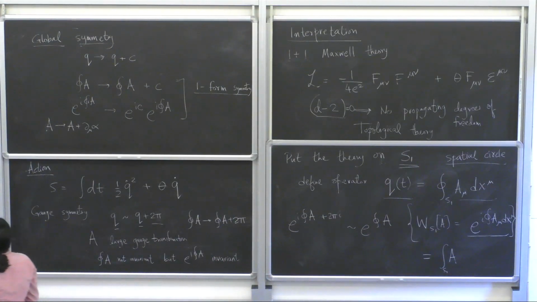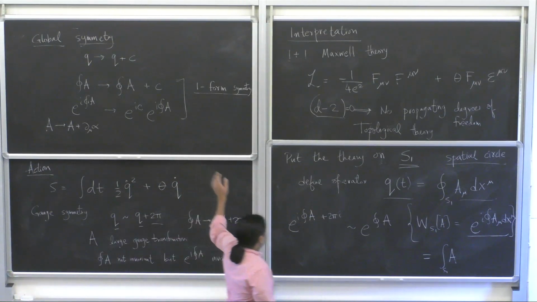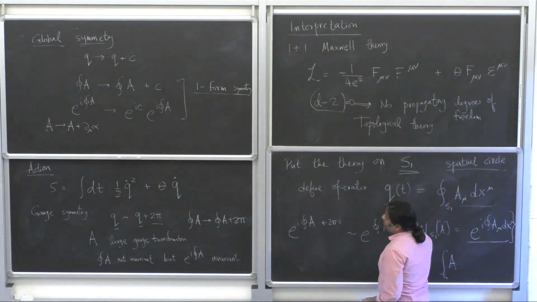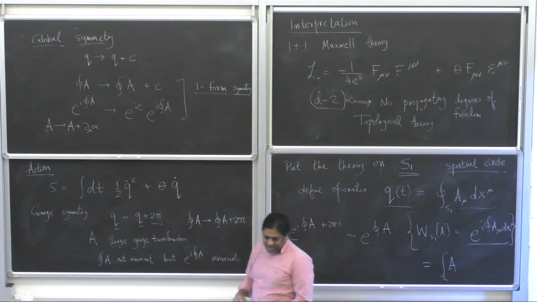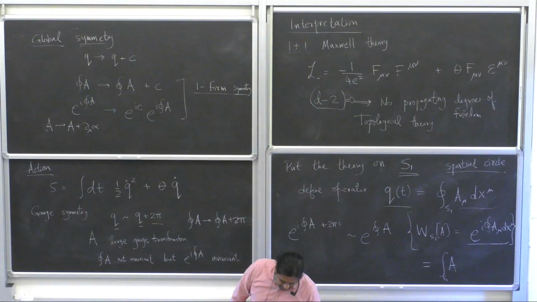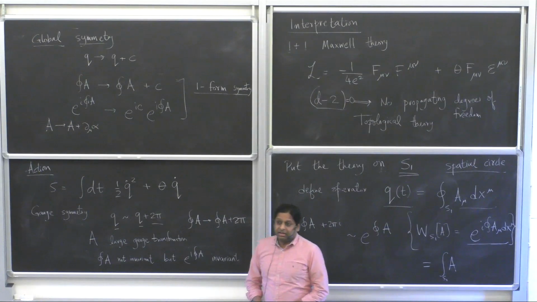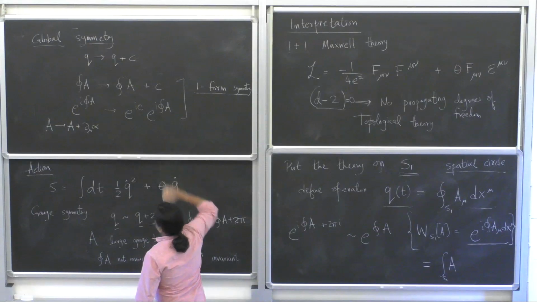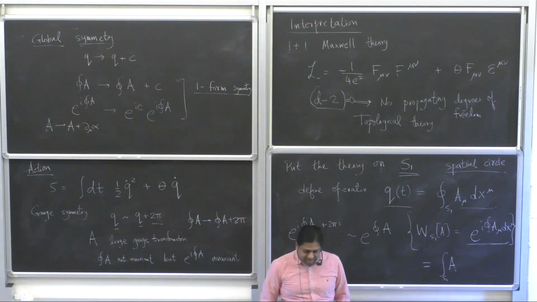So this idea of higher form symmetries appearing in gauge theories is ubiquitous. In fact, 3 plus 1 dimensional Maxwell theory also has this one form symmetry that we just talked about, which is again the phasing of Wilson loops by this phase, or the shift of the integral of A by a constant.